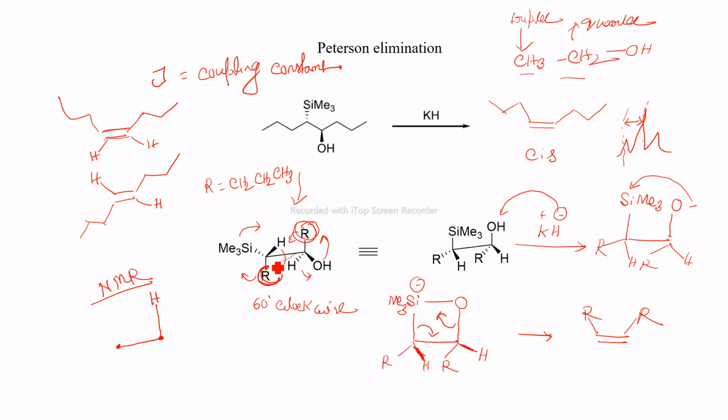This is called a dihedral angle. For that, you first have to bring these two centers in the same direction, then draw the angle. How much angle? This is a 180-degree angle between this R and R.